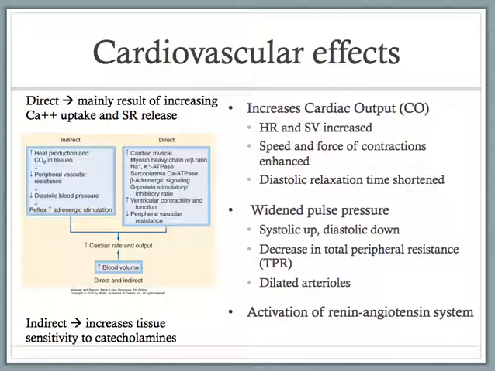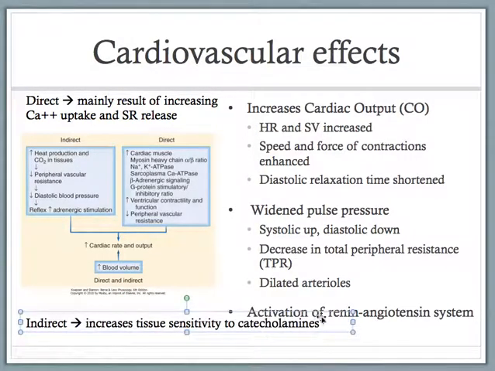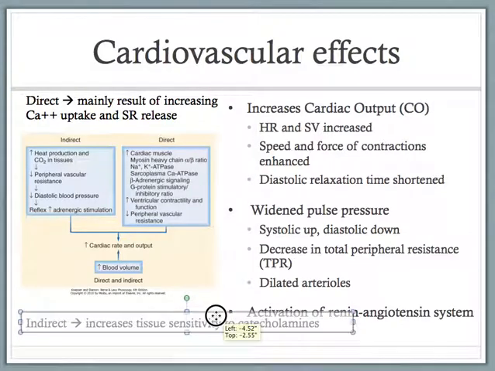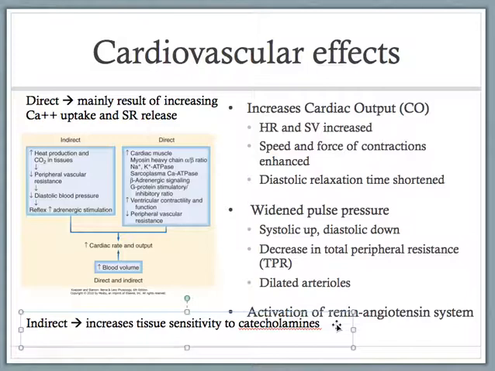All right, so this page has the cardiovascular effects. Directly, what it helps do, again, increases tissue sensitivity to catecholamines. So catecholamines, if you don't remember, are your dopamine. I like you to remember little mnemonics. So I like to say the cat lives in the den, D-E-N. Cat for catecholamine.